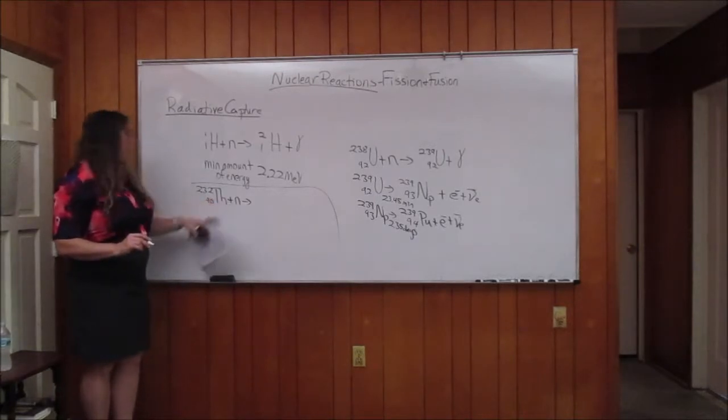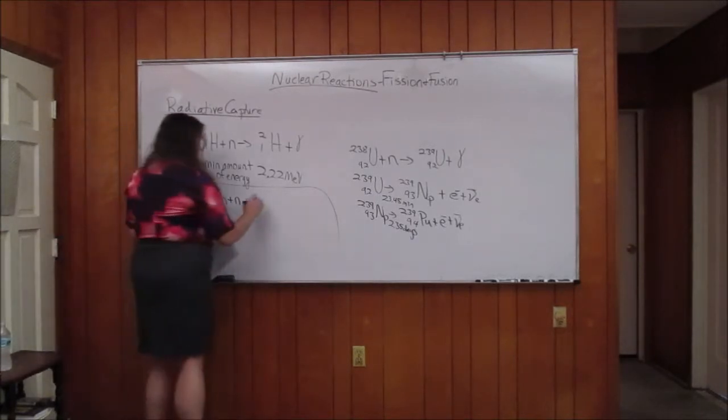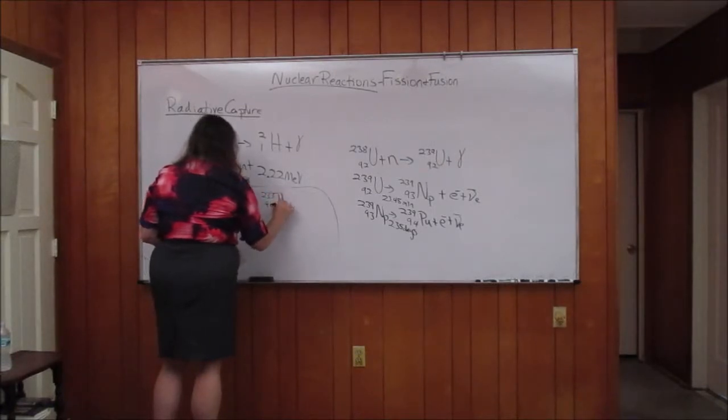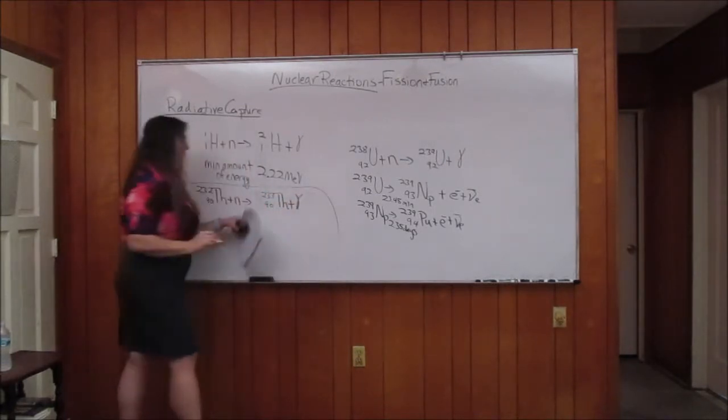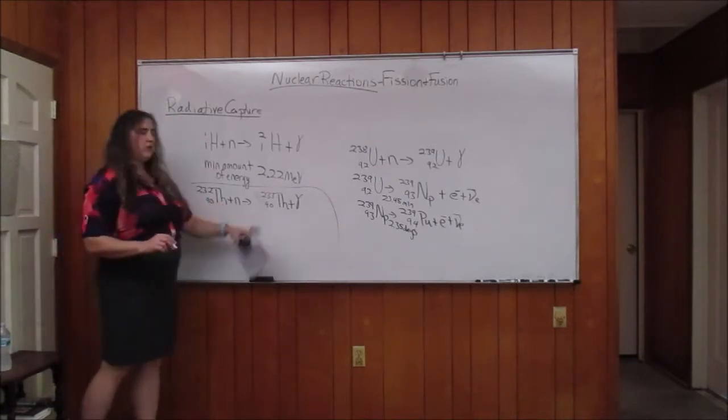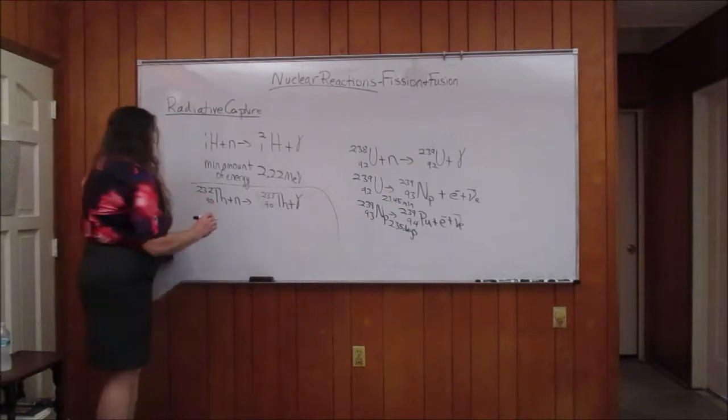Thorium-232 can also undergo neutron capture, and its daughter nucleus is thorium-233. Thorium-233 is also a beta emitter.